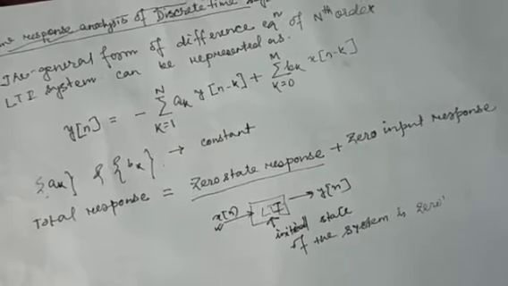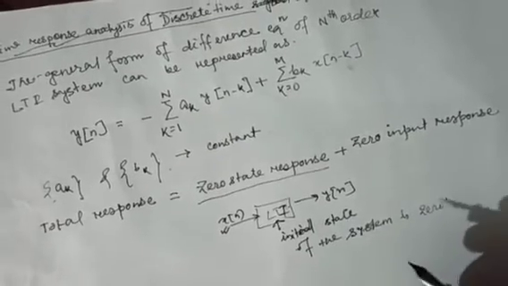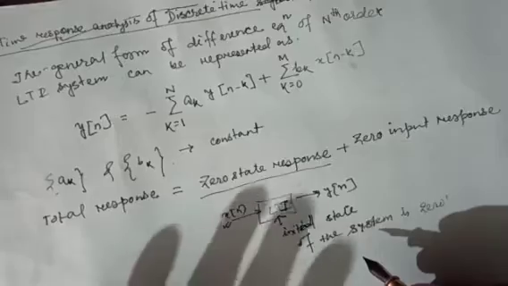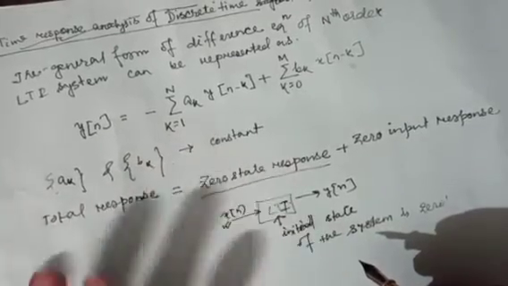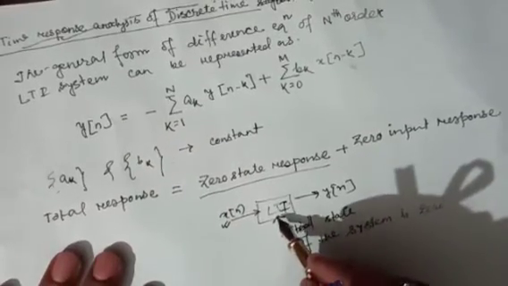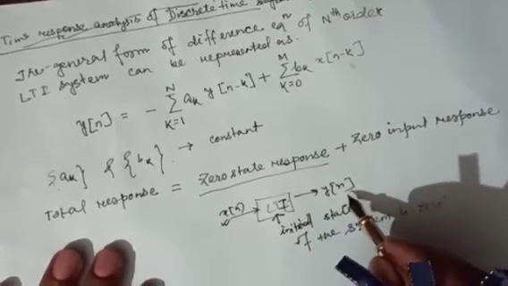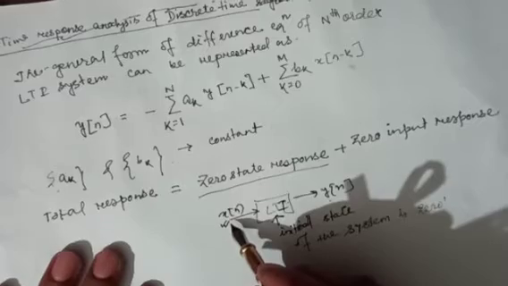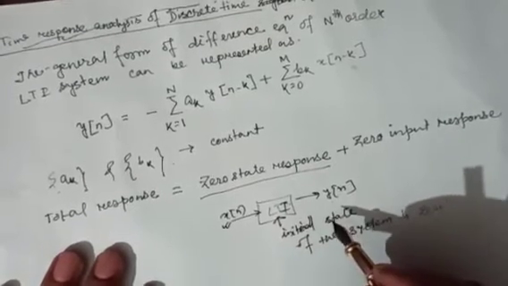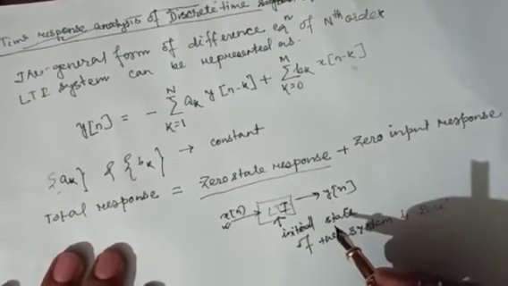That is what is called zero state response. That means the response due to the input alone, there is nothing initially in the system, so whatever be the output due to the input alone is called zero state response, okay.